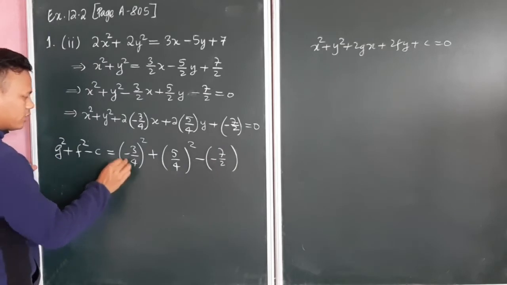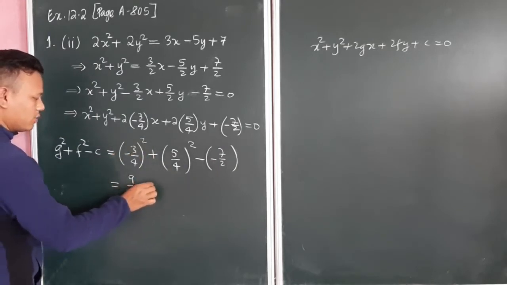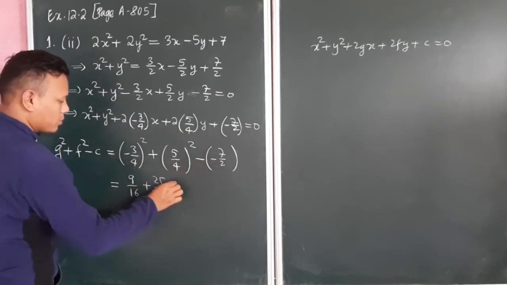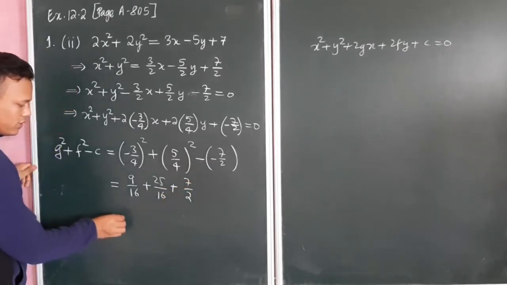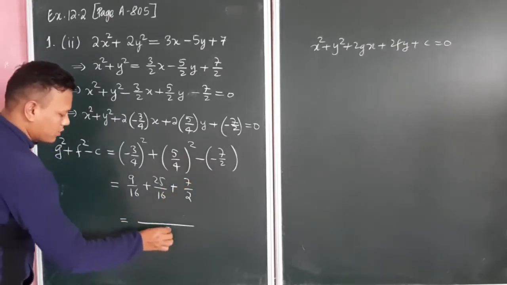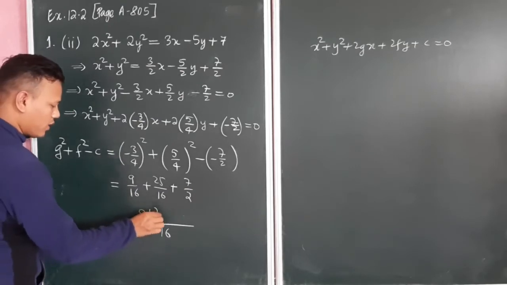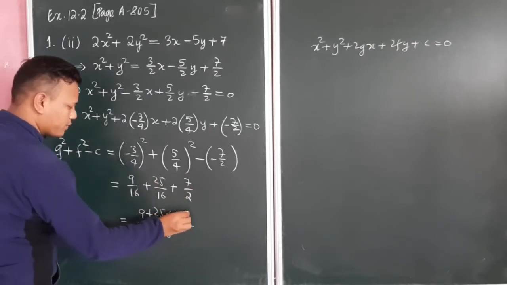So let's evaluate this. Minus square becomes plus, so 3 square is 9 by 16 plus 25 by 16, minus into minus is plus, which is 7 by 2. Alright, so let's evaluate this. LCM is 16, isn't it? So we have 9 plus 25 plus 8 into 7, 56.